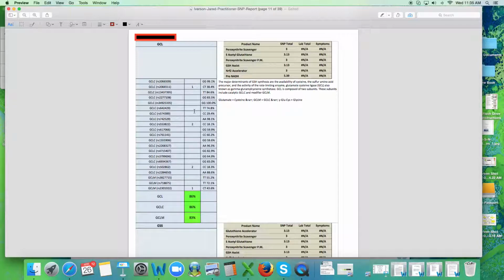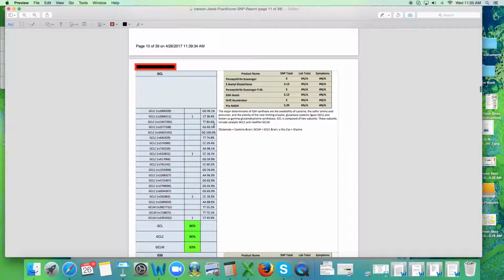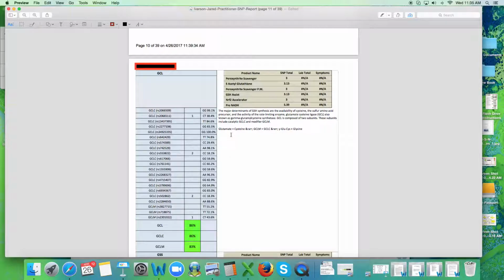Not to get too technical, but if you have defects in your CBS pathway, which is way down on this chart, way down at the bottom of here, if you have CBS defects, you do not want to give cysteine and you don't want to give straight glutathione. So there's reasons behind the madness when I make a recommendation for somebody, just so you know. So it's not just happenstance.